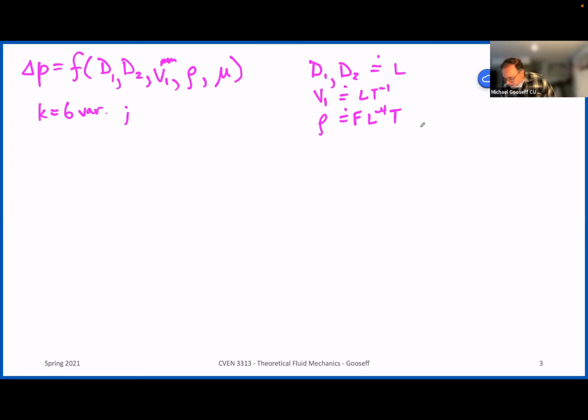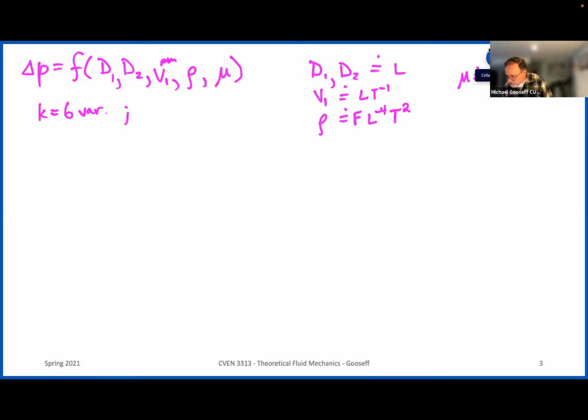Sorry, the density should have a squared time dimension. And then mu, our viscosity, is F L to the minus 2 T to the 1.